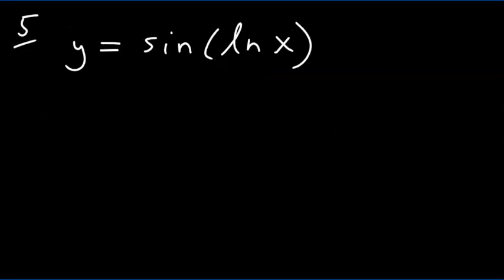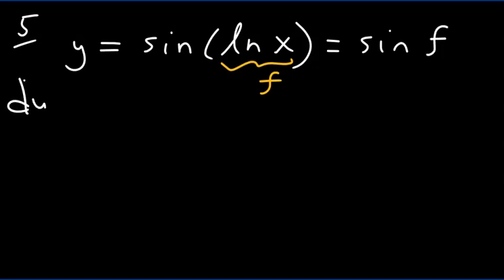Let's change the order of the operation. So now you have sine of natural log of x. The same thing, let's assume that as f, so your y simply becomes sine of f, where f is a function of x.